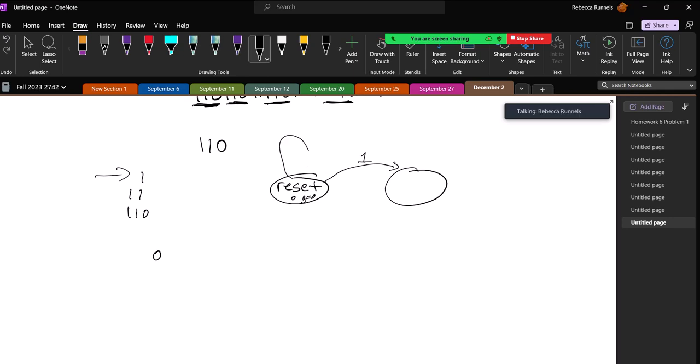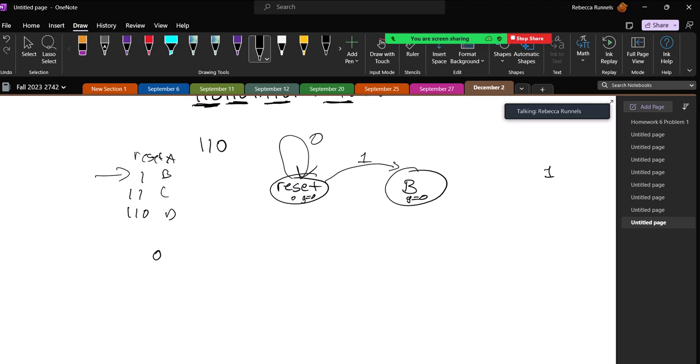If I get a 0, I'm going back to this one. I'll call reset A, and I'll call this one B, C, D. So now I'm at stage B, where I have a 1. My output is still 0 because I haven't gotten my 3 clock cycles yet. But I have a 1.